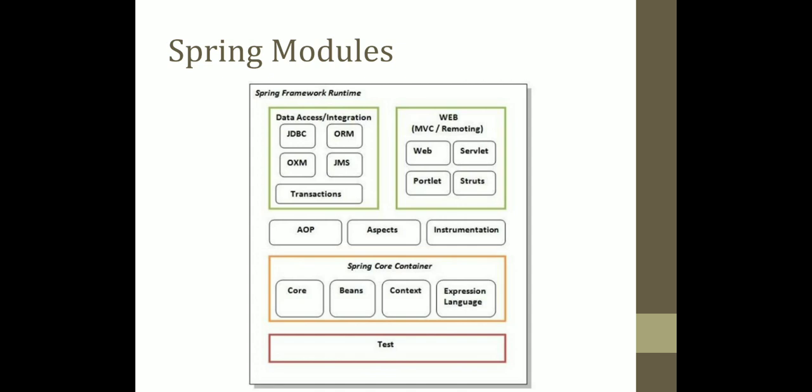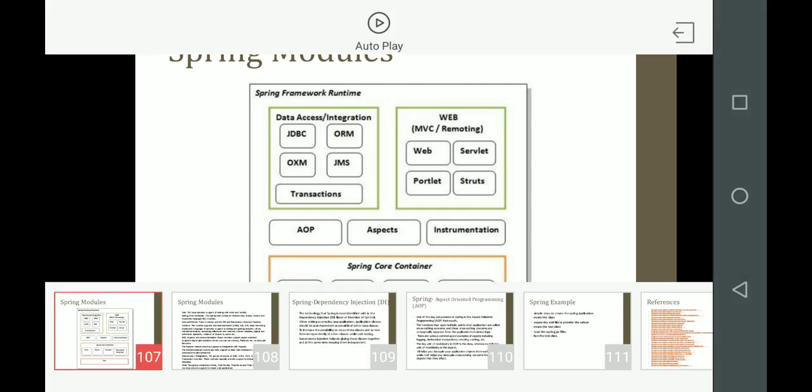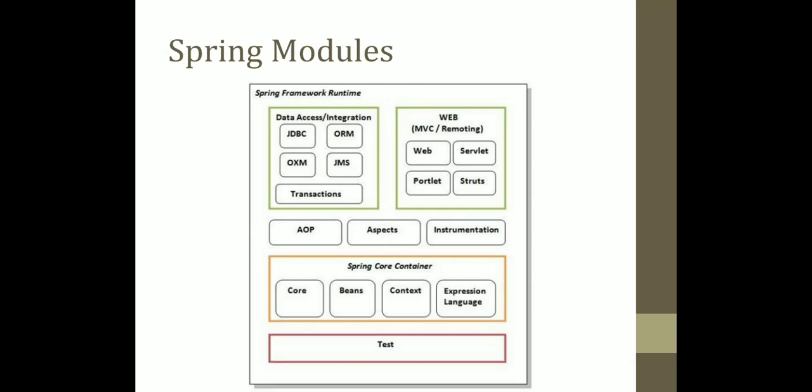Now we'll see the modules that are defined in the Spring framework. We can see in the diagram that this is the Spring modules architecture. Here the Spring framework runtime is given, and in that the application is made up of many modules.